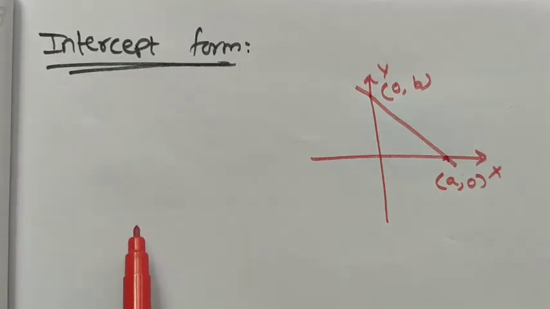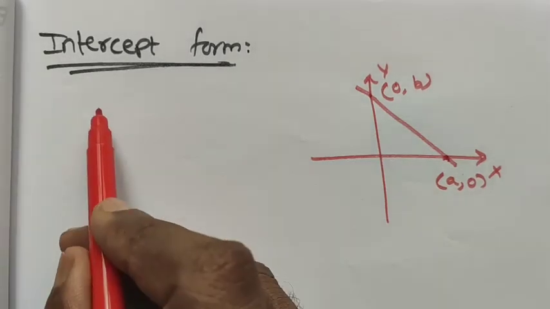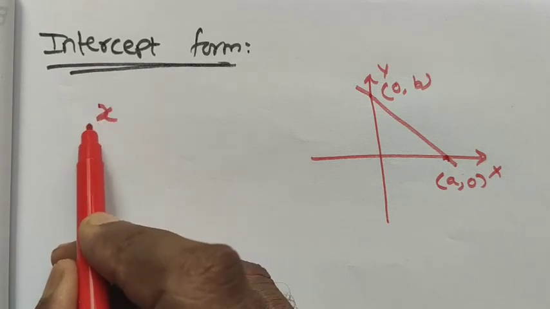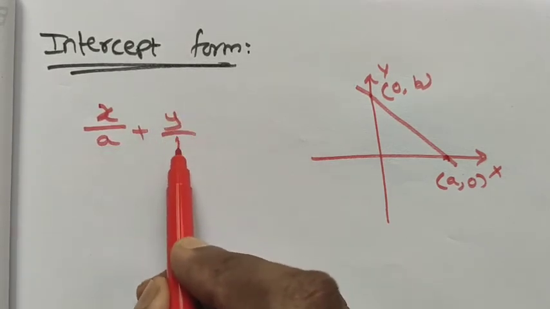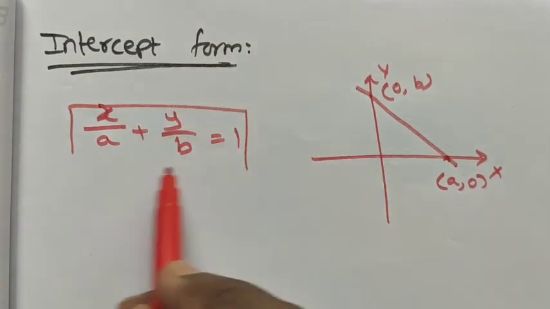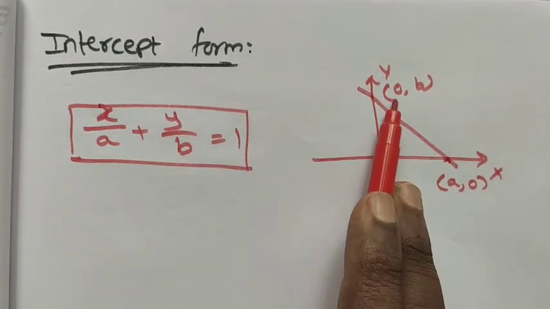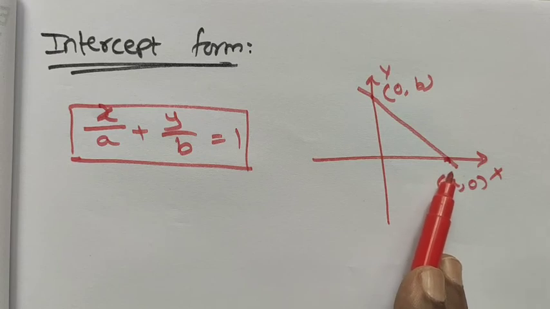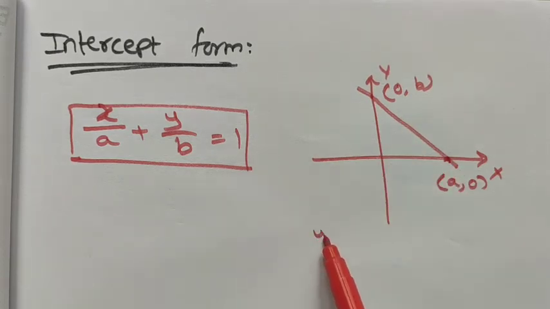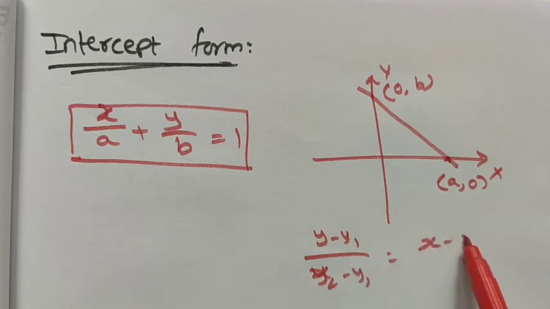We want to find the equation of the straight line, so here we have the formula x by a plus y by b is equal to 1 when the intercept form is given, right? Here, applying the 2 point form equation, we know the formula y minus y1 divided by y2 minus y1 is equal to x minus x1 divided by x2 minus x1.